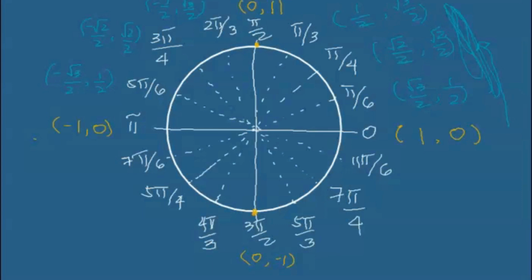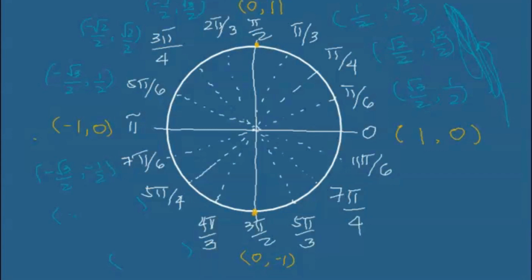Now, when we go to quadrant 3, it means both x and y are negative. So for 7 pi over 6, the x, square root of 3 over 2, is negative, and 1/2 for y is also negative.